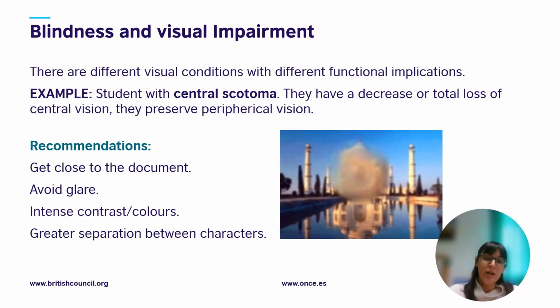And another important option here is that, if we're working with words or with a text, a paragraph, I will give them a greater separation between characters. It's not only the enlargement of the image, it's to give them more separation between the words so they don't miss so much information in that central part in which they don't have access to the information.